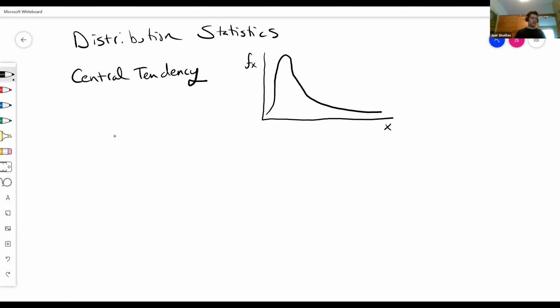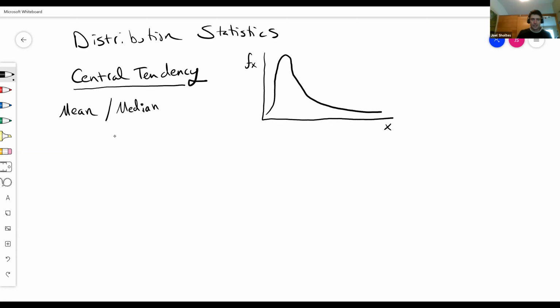How do I describe the central tendency of this? What word or function do I use? I'll just write it out. We have the mean and the median. These are two central tendencies.